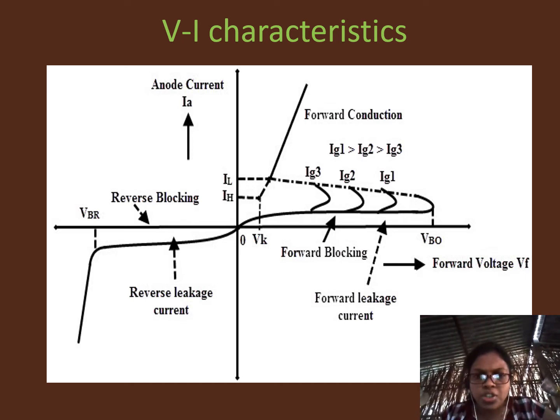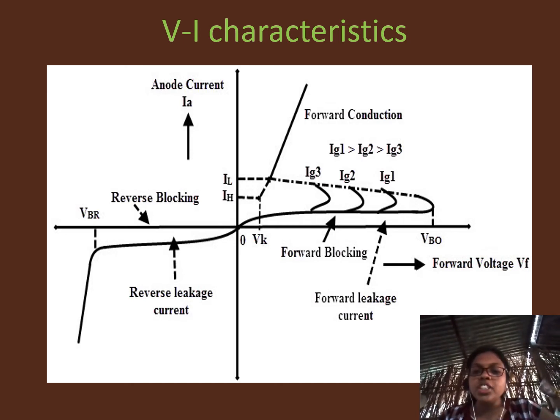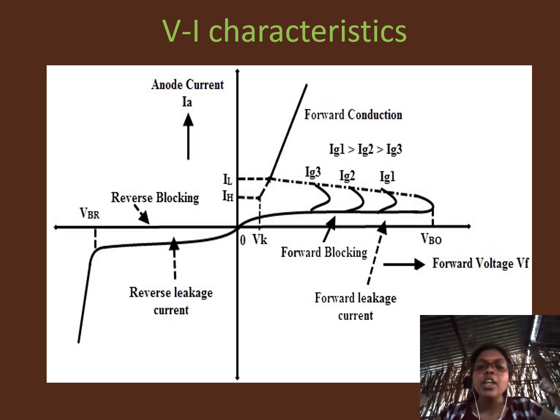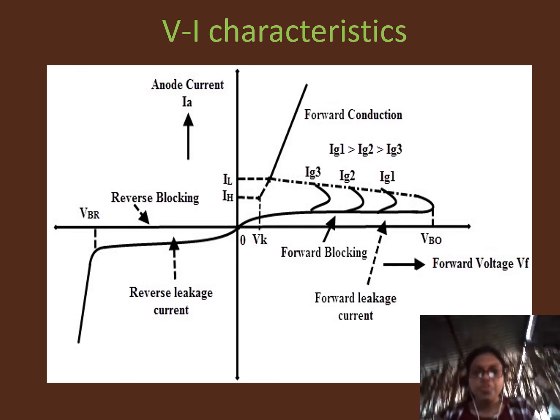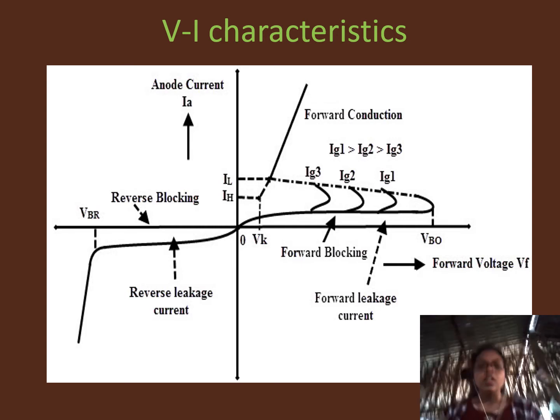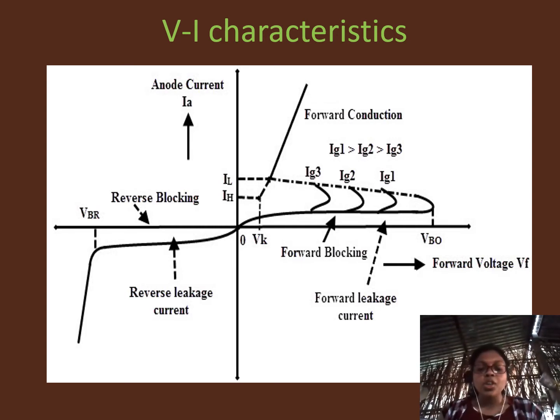As shown in the figure, current Ig3 is greater than Ig2, and Ig2 is greater than Ig1. This figure also shows the latching and holding current. If we increase the current above the latching current, the SCR goes into forward conduction mode, and if we reduce the anode current below the holding current, our device is going to turn off.